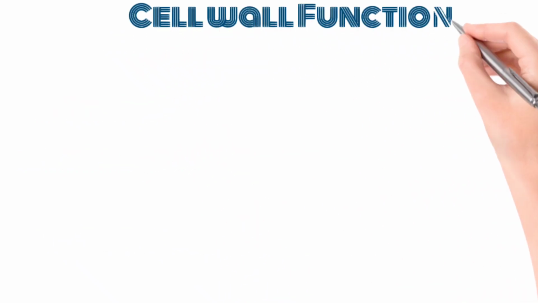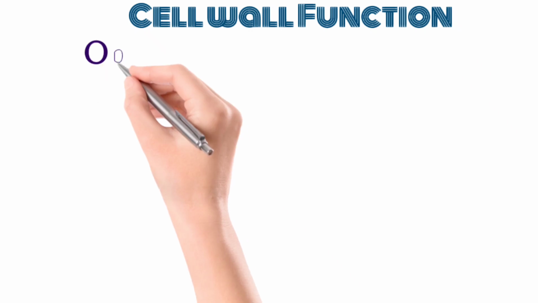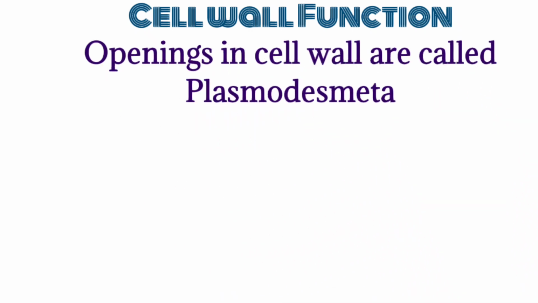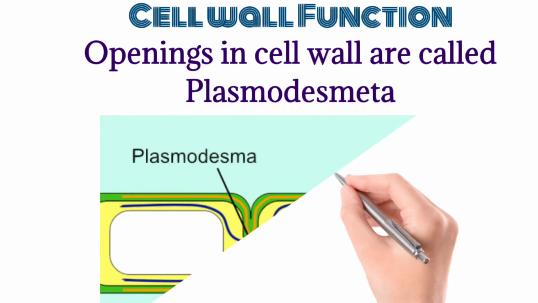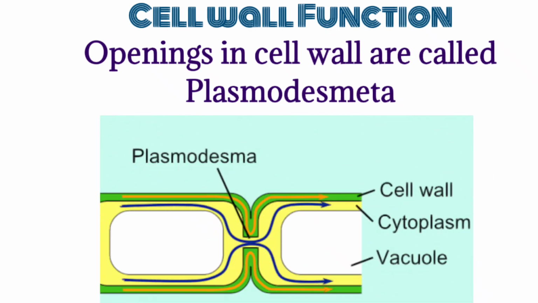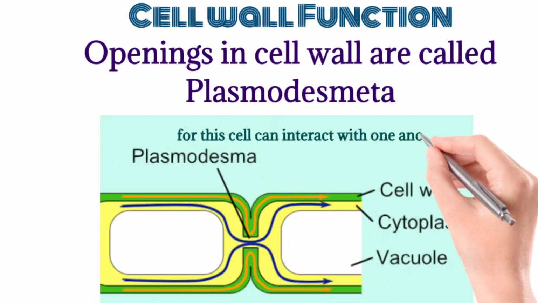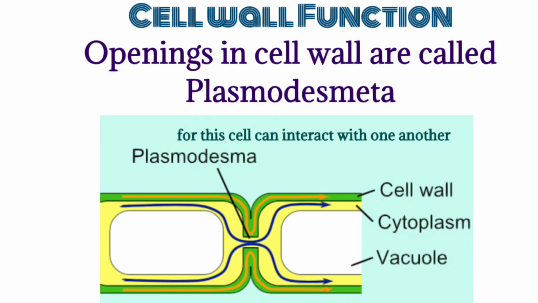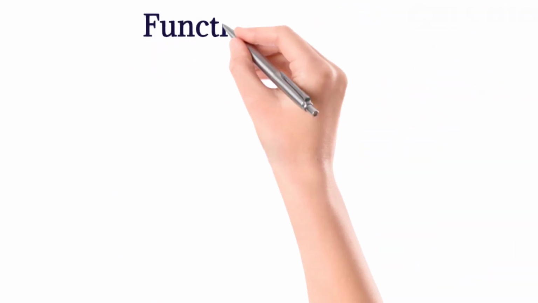Now we are discussing other functions of the cell wall. The opening in the cell wall region that is called plasmodesmata. This is the figure of plasmodesmata. By the plasmodesma, plant cell interacts with another cell from the cytoplasmic region. This is the site of plasmodesma.